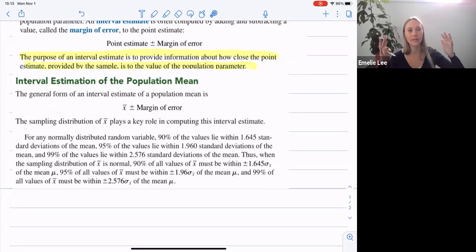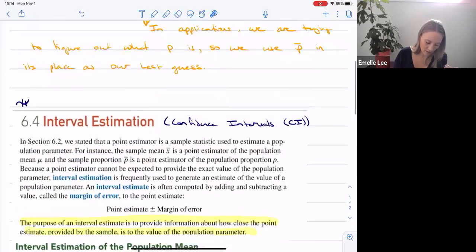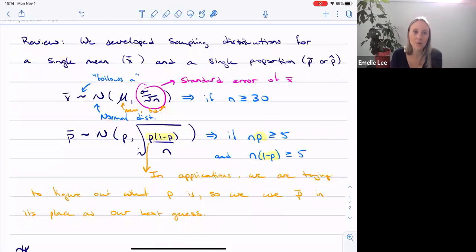We're going to go down a little, up a little, and we're going to end up with some interval, right? So what happens is we rely on the fact that we have a normal distribution, right? We reviewed today that we can assume that it follows a normal distribution. Okay? It's centered on the population mean, and it has a standard error of sigma over root n.